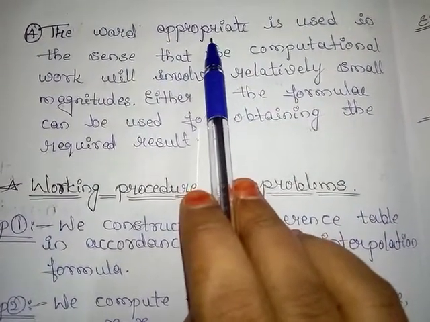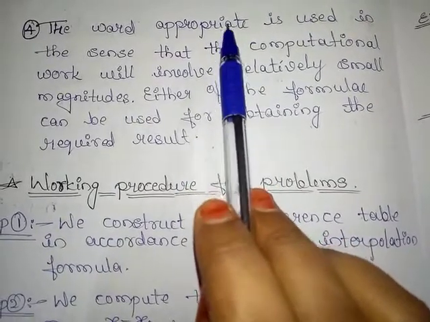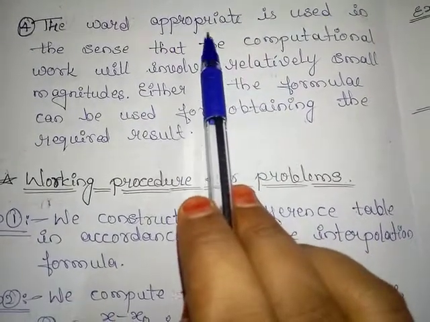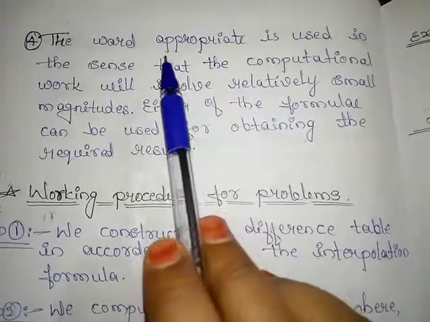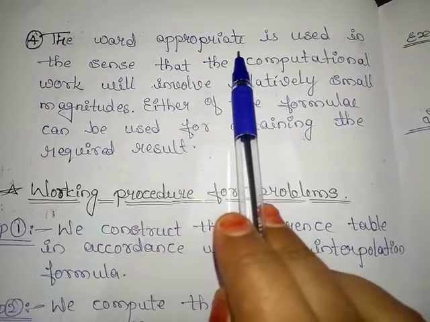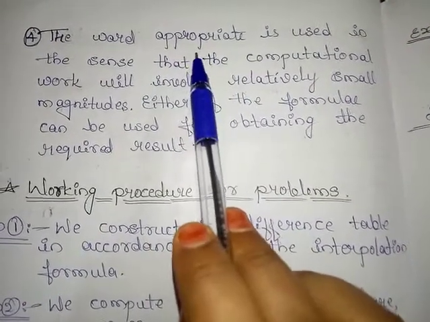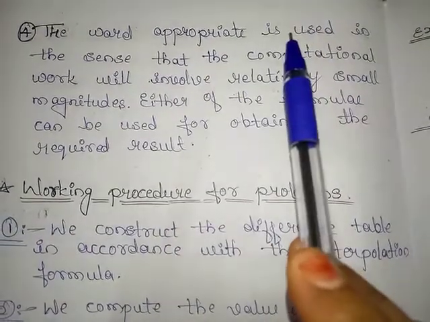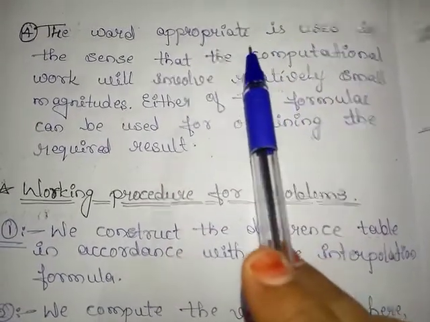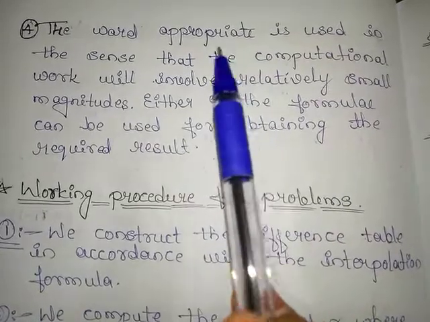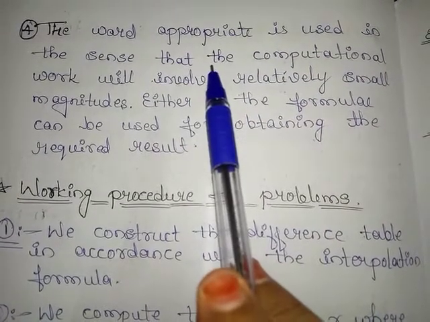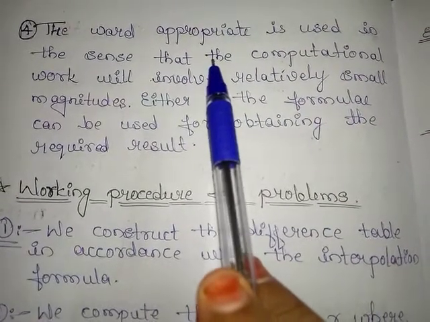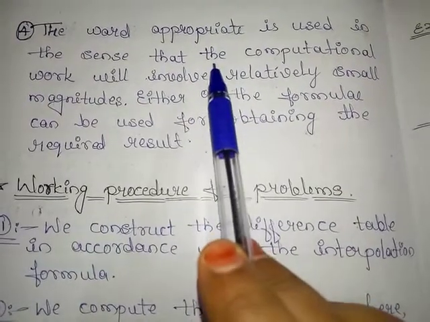Means if the given desired value of x lies in the first half, that is, that x value is near to x naught, we have to use forward, and if that desired x value is near to xn, they are stated to use backward interpolation formula.